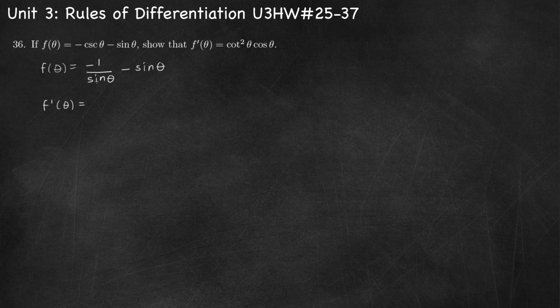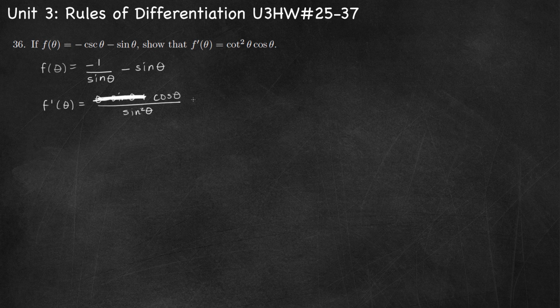So the derivative of the top is 0. 0 times the bottom, sine theta, minus the top, so positive 1, times the derivative of the bottom, and the derivative of sine theta is cosine theta, over bottom squared, sine squared theta. So 0 times sine theta, that's just going to be 0, and that's all going to drop out.